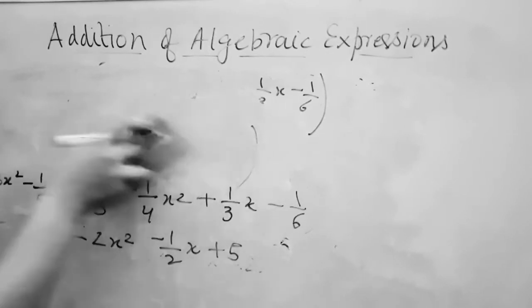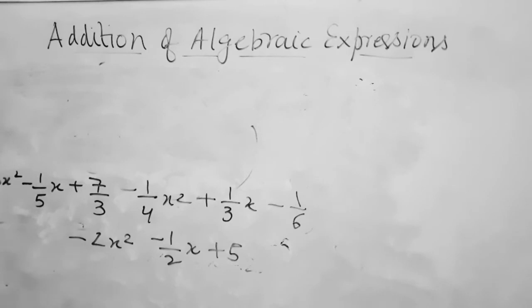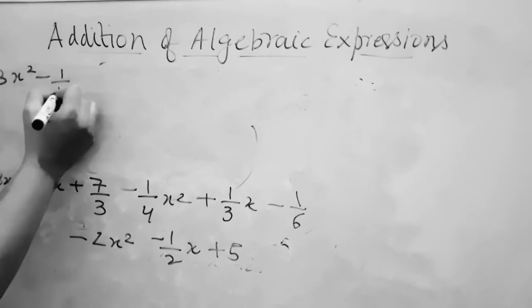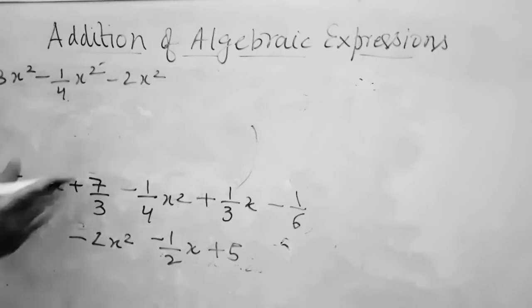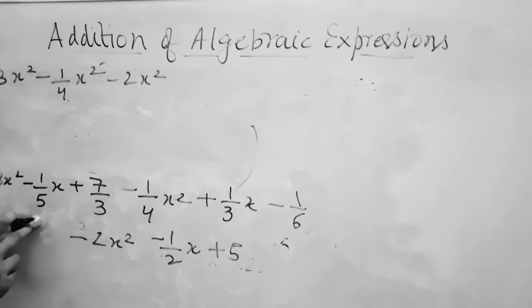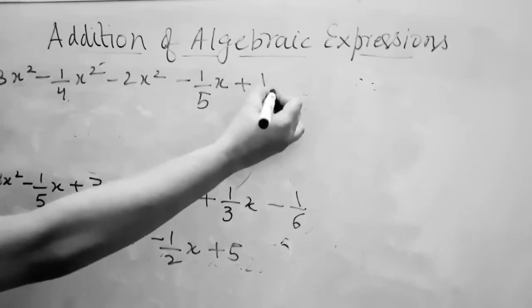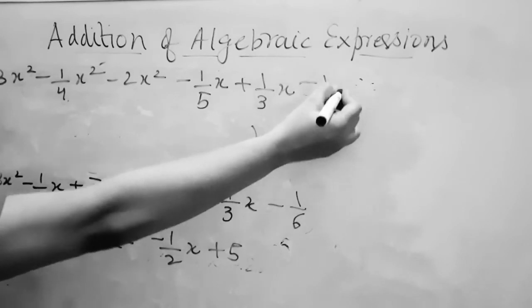The next step is to write all the like terms together. So 3x square, it is having the same coefficient as 3x square minus 1 by 4x square minus 2x square. All the x squares together. Now coming to the x ones. Minus 1 by 5x plus 1 by 3x minus 1 by 2x.